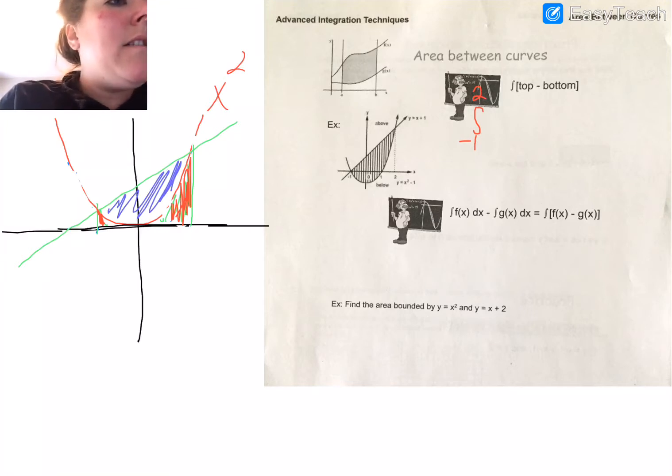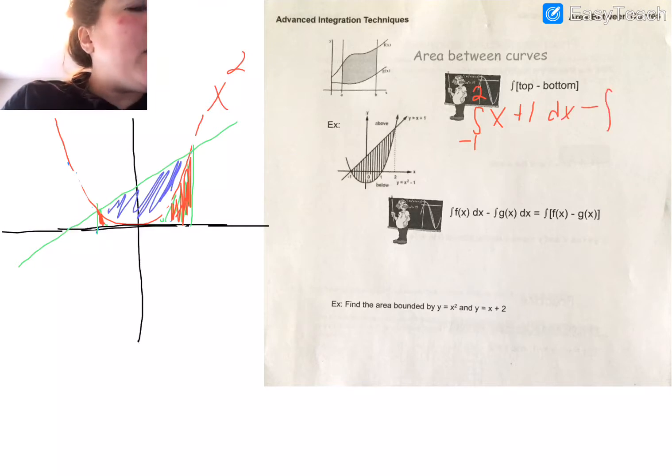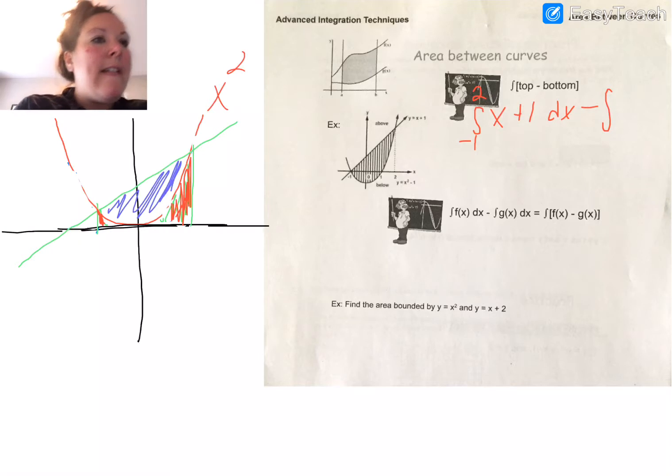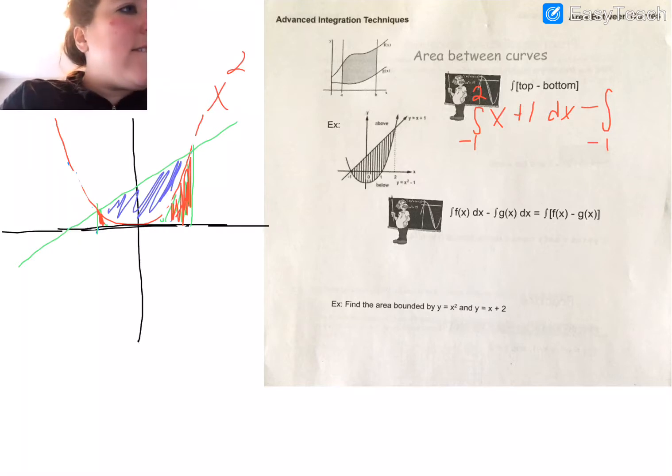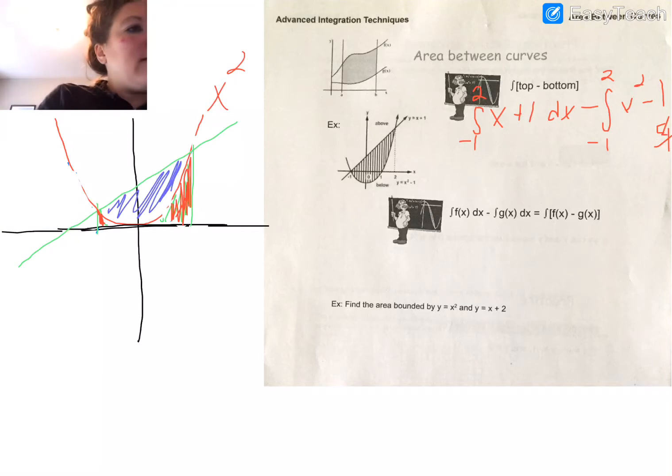The top function is the linear, x plus 1, minus the function that's on the bottom, which is this parabola, x squared minus 1, dx.